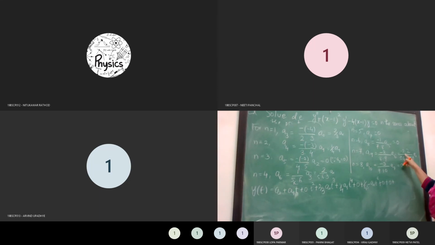A9 means it is this one. I am leaving the simplification up to you. Please write whatever occurred over here. 2 cancels, so the numerator will be 1. A0 into T raised to 9, plus up to plus.